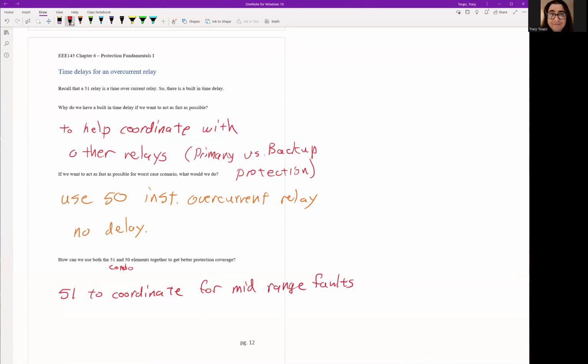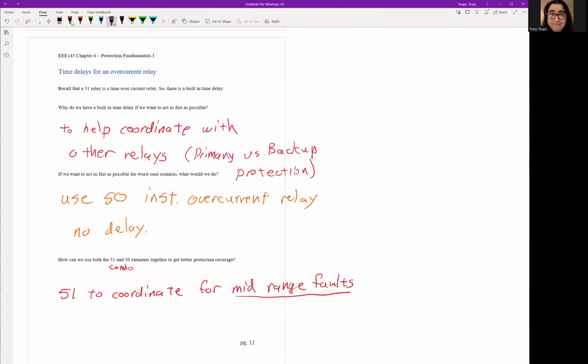Mid-range faults are basically your minimum fault currents and somewhere in the middle. These types of faults are not going to instantly blow up the system, but if you leave it on for half a second or one second, you will actually do damage. So this gives us the opportunity to coordinate between different relays.